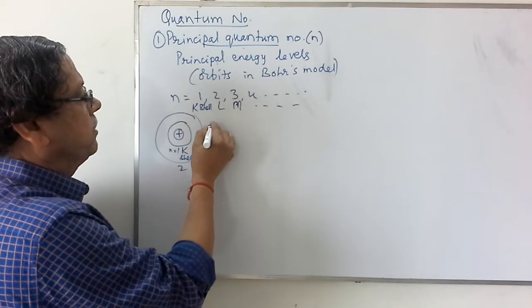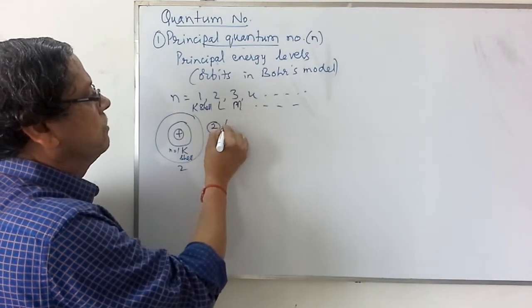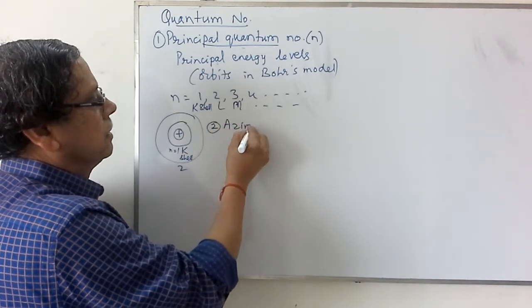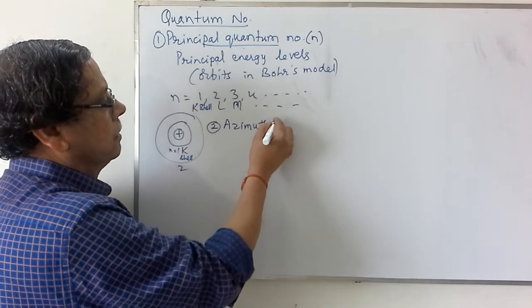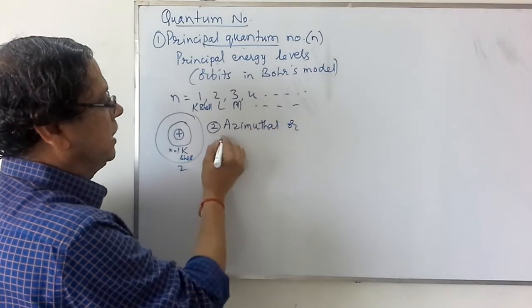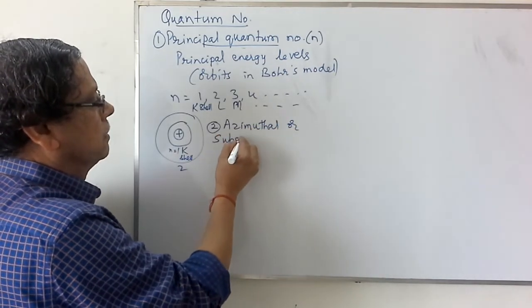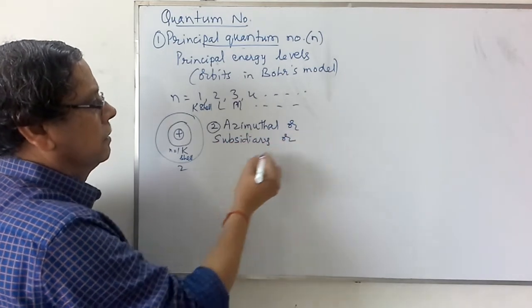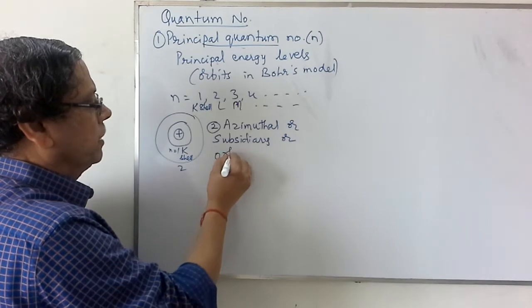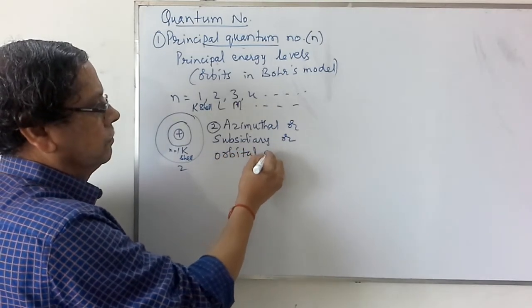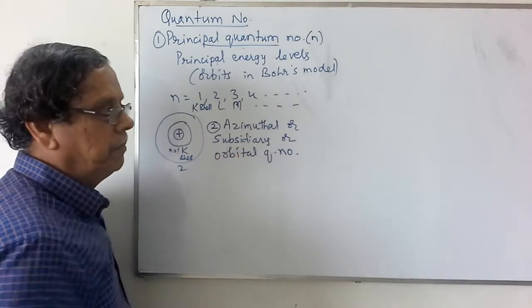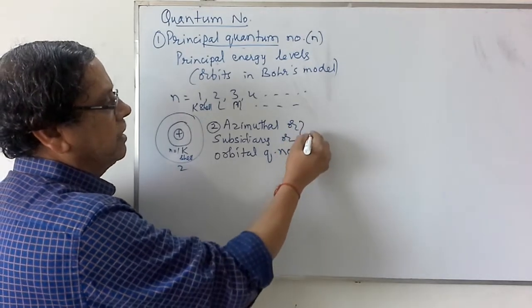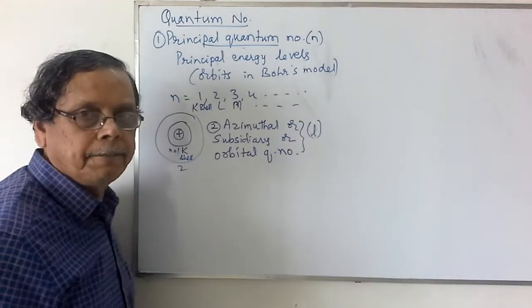The second quantum number is named the azimuthal or subsidiary or orbital quantum number. This is indicated with the small letter l.